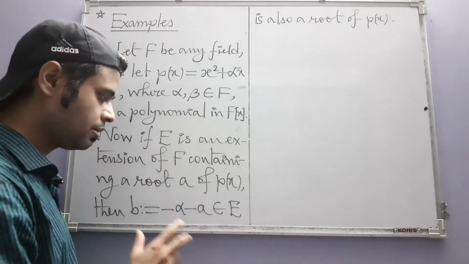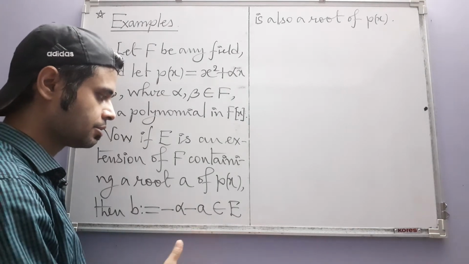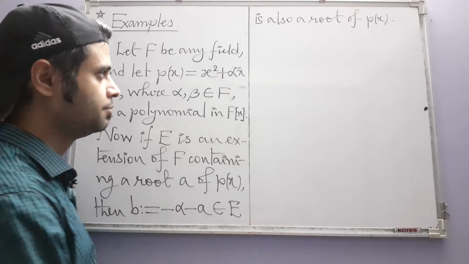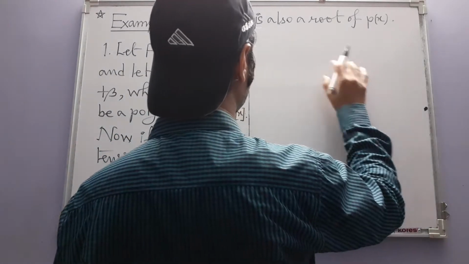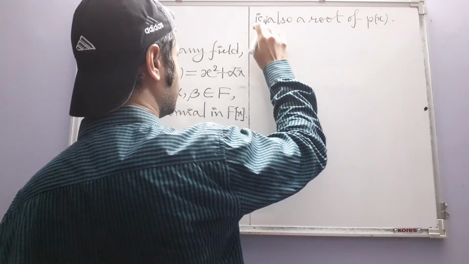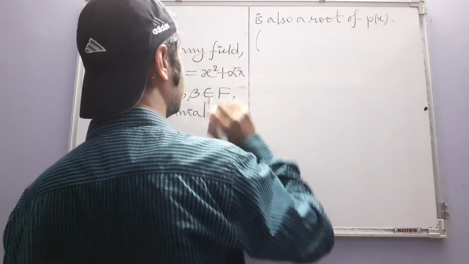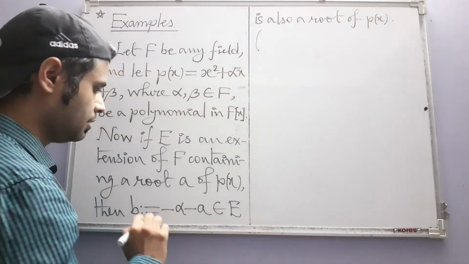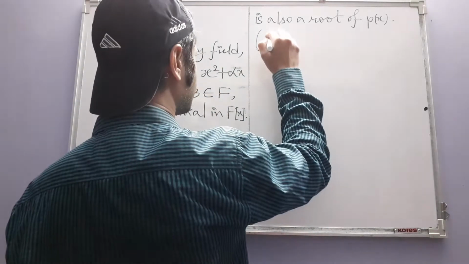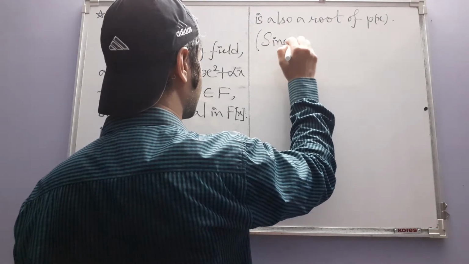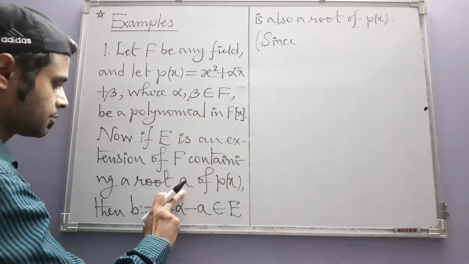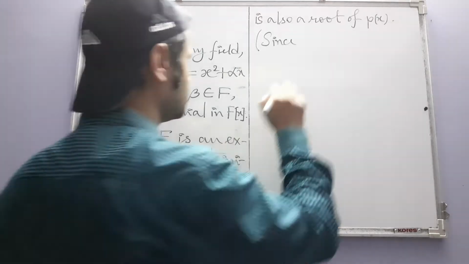Because it's not immediately apparent to me that this is the case, at least to me. So for my own sake, I'm going to try to verify that this b is in fact a root. So I start with the assumption that a is a root.